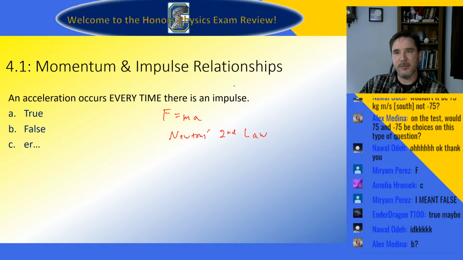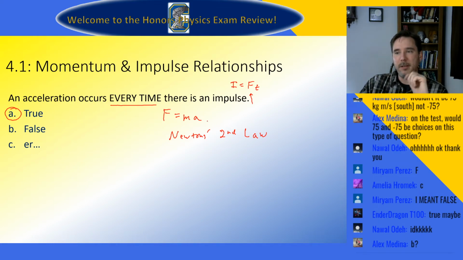So what's an impulse? Impulse is equal to force times time. So because of that force, the answer is true. I know it says every time, and we're trained that whenever you see the word every time or always in a test question, it's wrong. But not in this case.